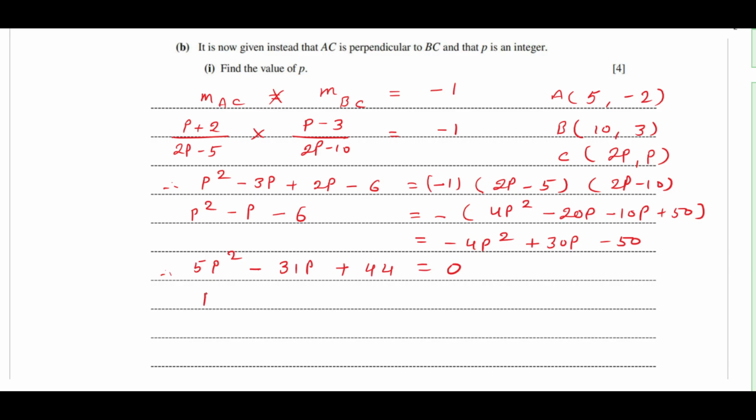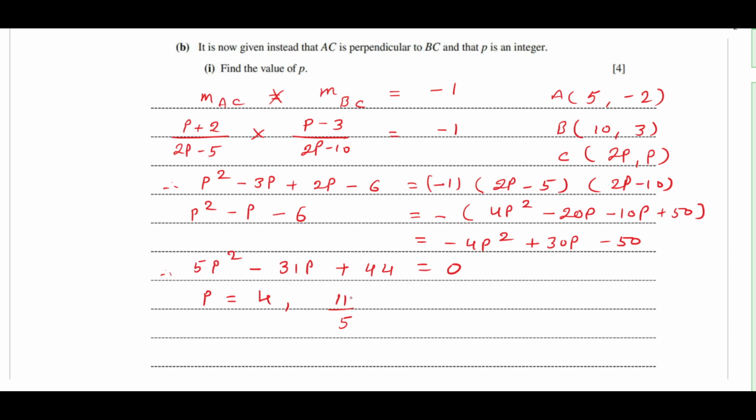This gives you the value of p. Let us put these values in the calculator: 5, 31 and 44. I'll get the two values for p. One is 4 and the other is 11 divided by 5.